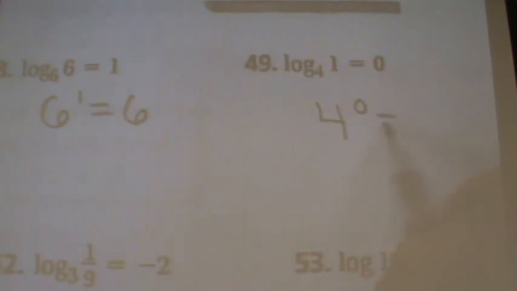Next one. 4 to the 0 power is 1. 7 or 50. 7. Good. Yep. Next. 2. 52. And 53.